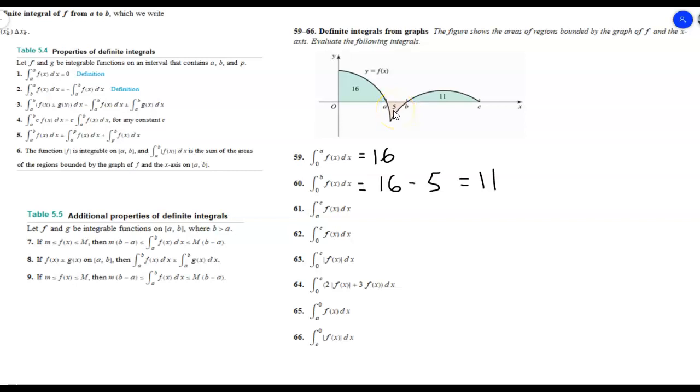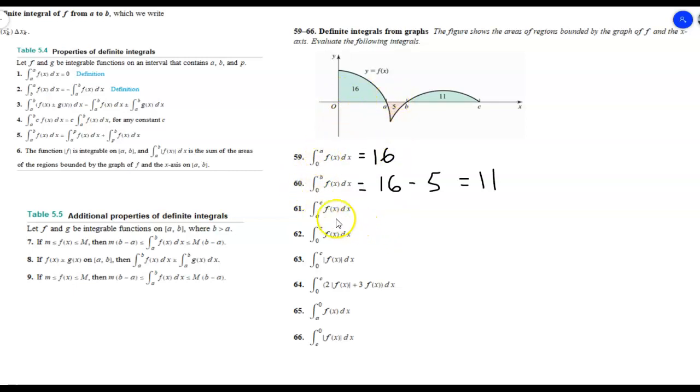If you wanted to find the total area, then you have to find where it crosses over the x-axis. So you'd evaluate this in two separate integrals, from 0 to a and get a positive 16, and then from a to b and get a positive 5, and you can say there's a total area of 21. So remember, the definite integral just shows the net area.